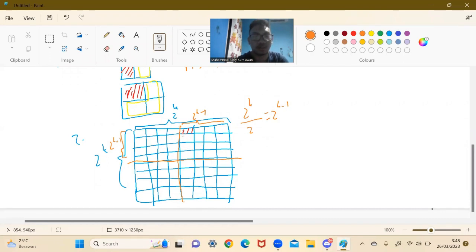Now notice that we have divided the board into 4 different smaller boards. Each smaller board has dimensions 2 to the power of k minus 1 times 2 to the power of k minus 1. And notice that each time you have a tile removed, it will always belong to one of these 4 smaller boards.